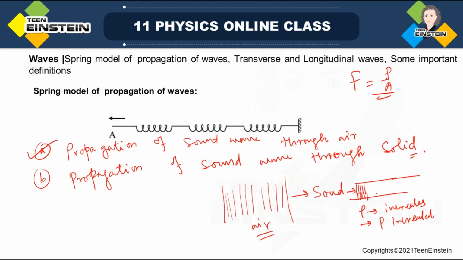So when a region gets compressed by a sound wave, the molecules come very close to each other. That's how the density of the air increases. When the density of the air increases, then the pressure also will increase. So due to this compression, what happens?